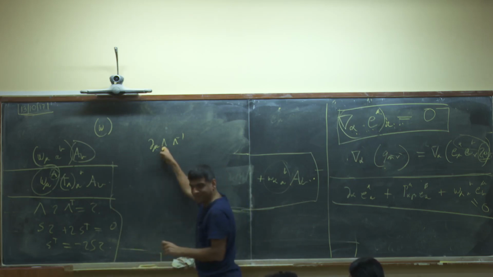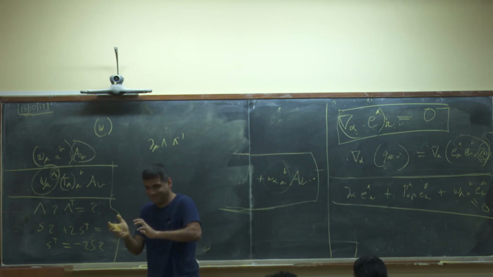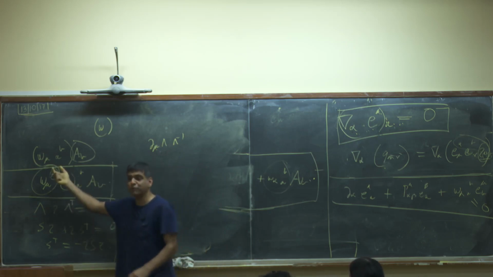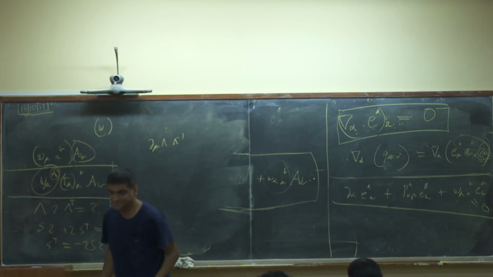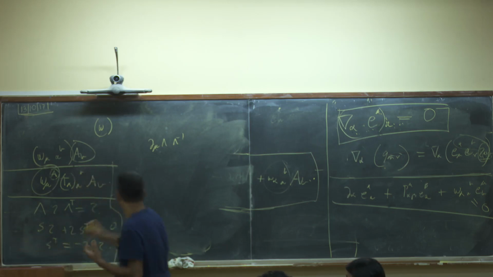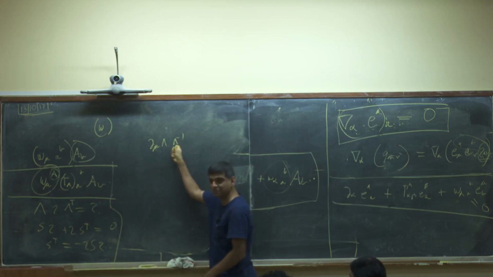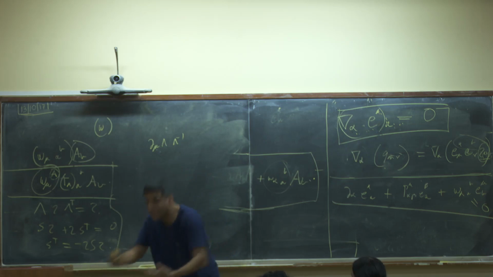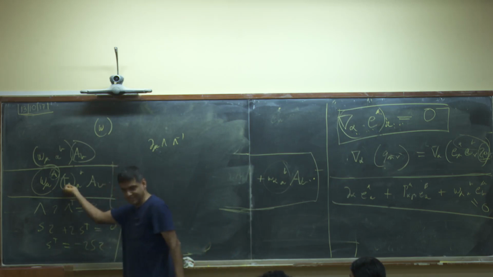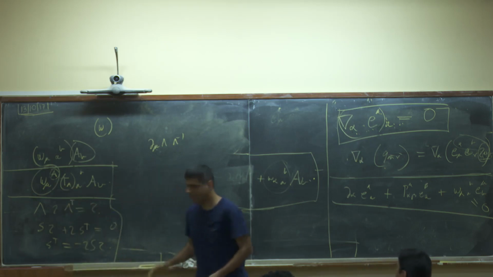You go to the frame where this is lambda, so this is an infinitesimal Lorentz rotation. If you want, you could put more in omega, but that would be unnecessary. So omegas are built to be able to cancel this object, and these objects are infinitesimal Lorentz rotations. So omegas are parametrized by infinitesimal Lorentz rotations in any particular representation. Is this clear? Okay, fine.